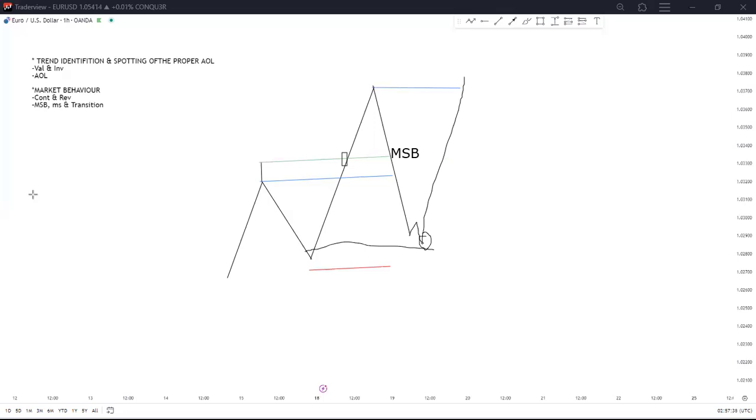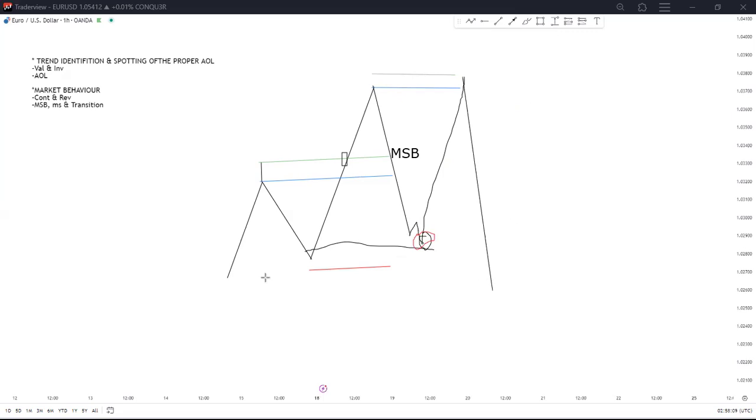If the market fails to close above that weak high and perform the market structure break, then there is high probability for the market to not respect this low, because the market will come down to fetch more liquidity, which will be enough to form that high.